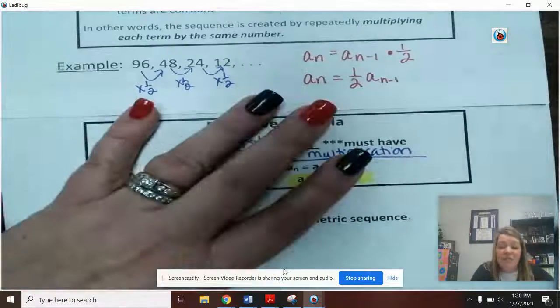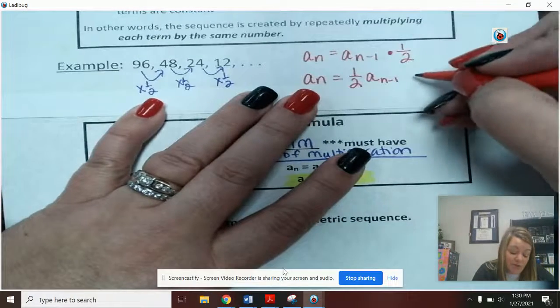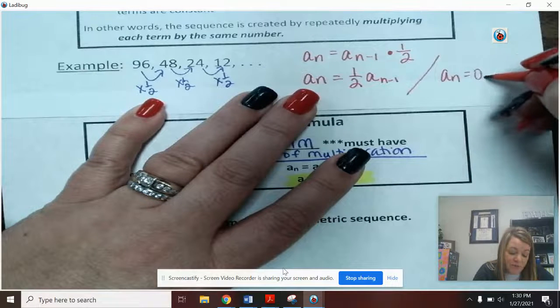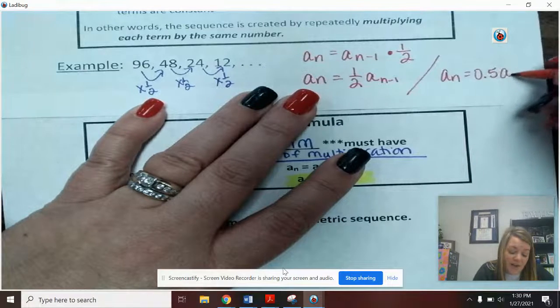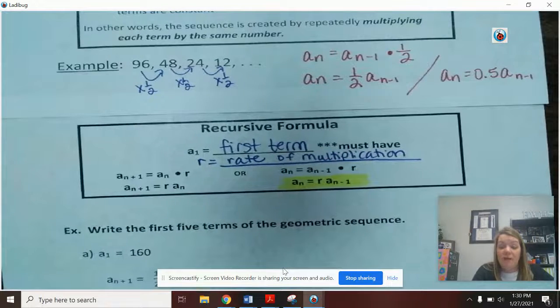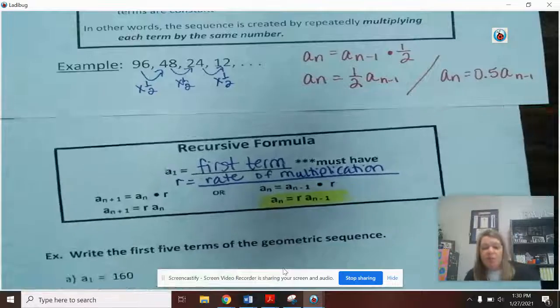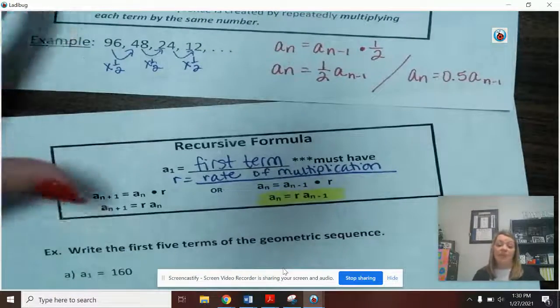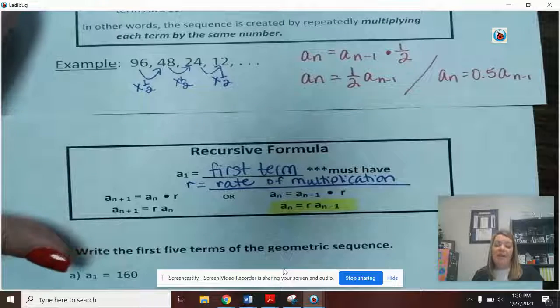You could even use 0.5. So if you wanted to do A sub n equals 0.5 A sub n minus 1, those are all fine, written just like that. It doesn't matter if you use 1/2 or 0.5, it's going to give you those same things. So let's move on and do some examples.